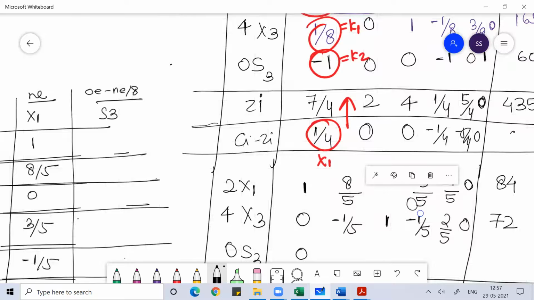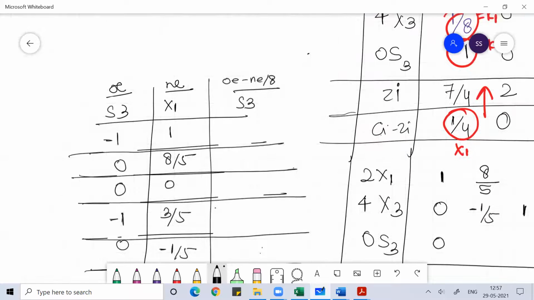The formula you use is old element plus new element. So minus 1 plus 1 is 0. That's why I put the plus sign here. So this is 0 plus 8 by 5, this is 8 by 5.